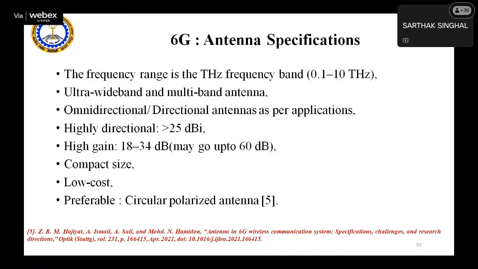Now the antennas are classified in terms of radiation patterns also. If we want to achieve a higher gain for a long range, not very long, but a long range larger than the short range communication between two systems, then it is required to go for directional antennas.